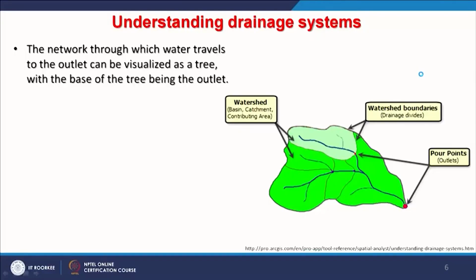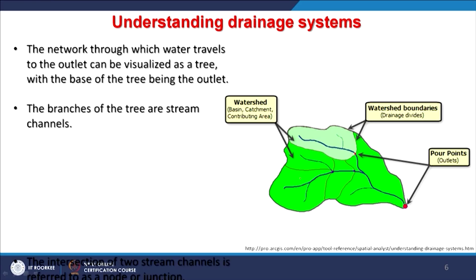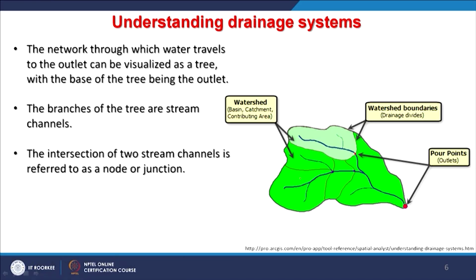Like here what you see, this is my base of tree and these are the branches which are other lower order streams. Now the branches of the tree are the stream channels, and the intersection of two stream channels is referred to as a node or junction.